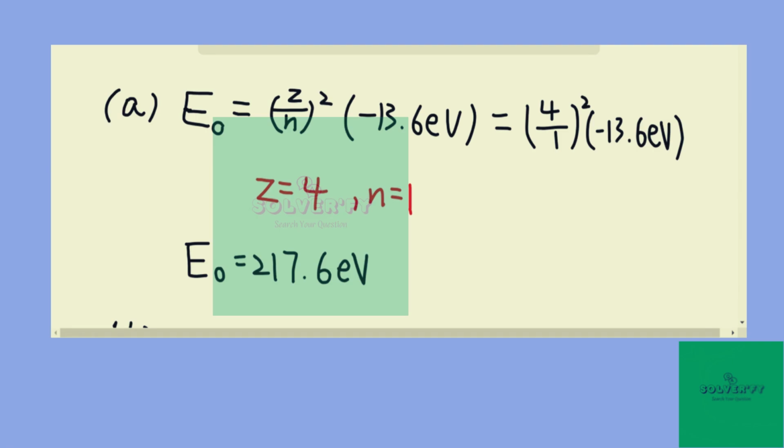If we round it to the integer digit, it is negative 218 electron volts. Okay, and as you can tell, the ground state energy of the beryllium atom is 16 times the ground state energy of the hydrogen atom.